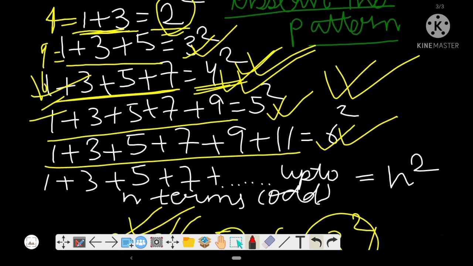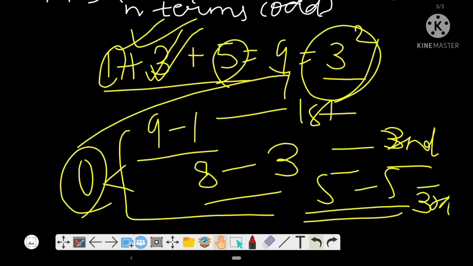If we add odd numbers we get the square, and when we subtract odd numbers from the square, then we get the square root. This means the number of times the subtraction takes you to 0, that will be the square root of that number. So let us see this by examples.